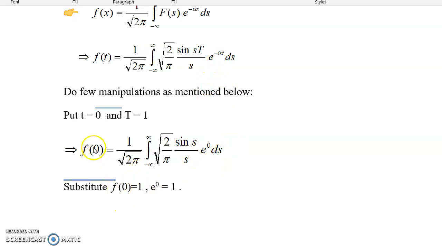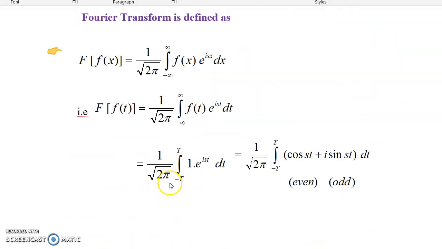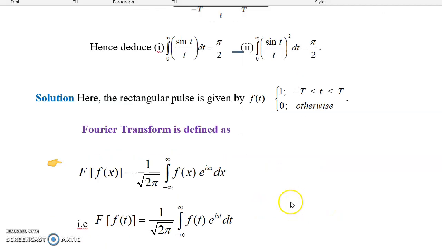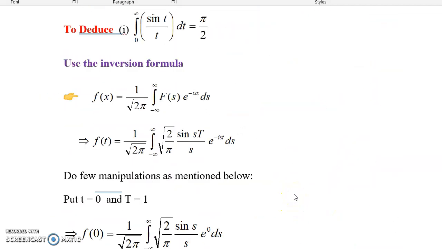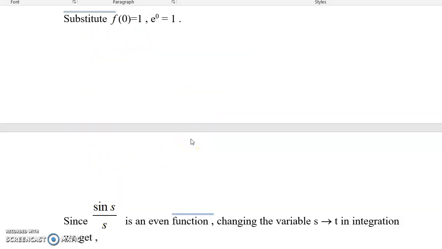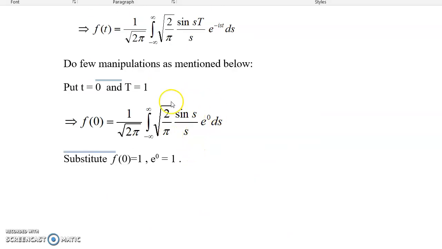And what is f of 0? The function is defined as 1 in minus T to T. So f of 0 will be, when t is 0, f of 0 will be 1. So here f of 0 is 1 and e power 0 is 1. So substitute these two values here. And one more manipulation we need to do. See, when this e power 0 has become 1, in the integral, this root of 2 by pi we can take out. In the integral you will have only sin s by s.